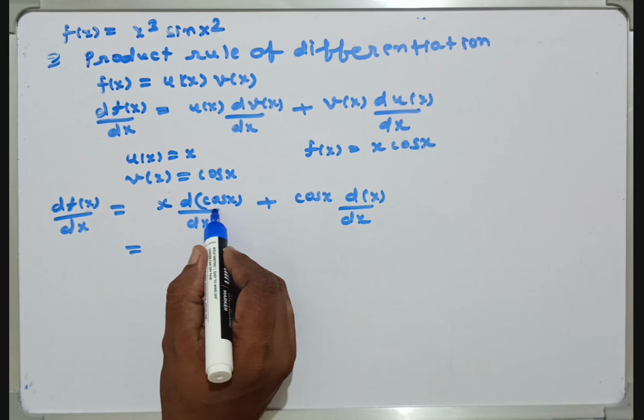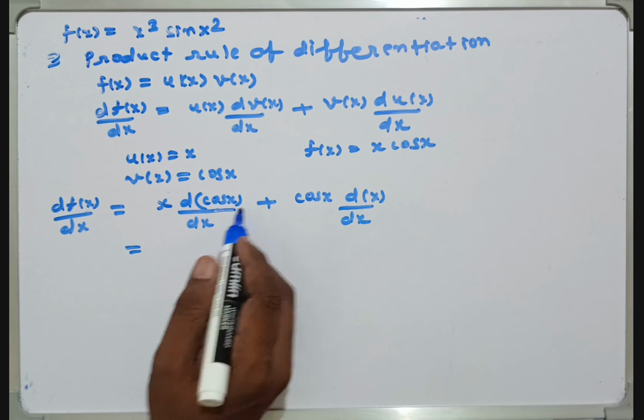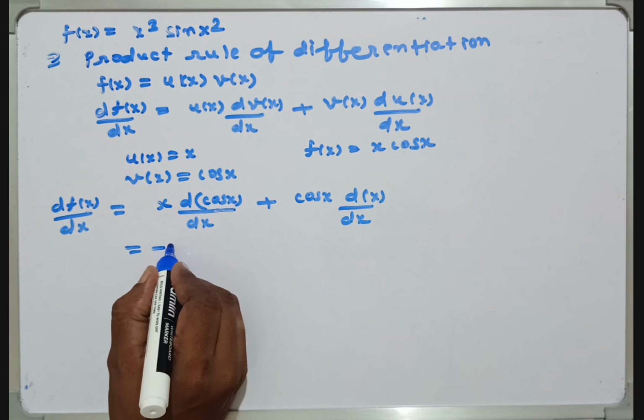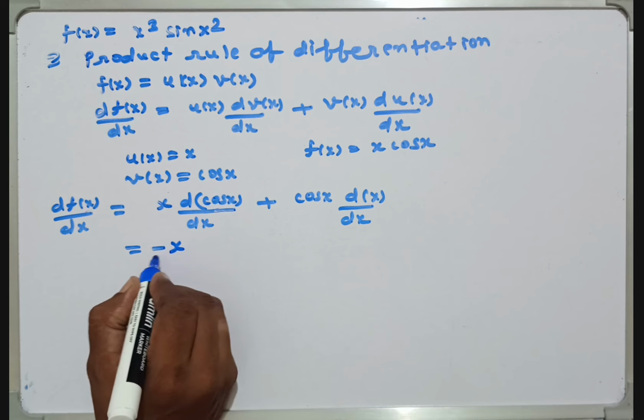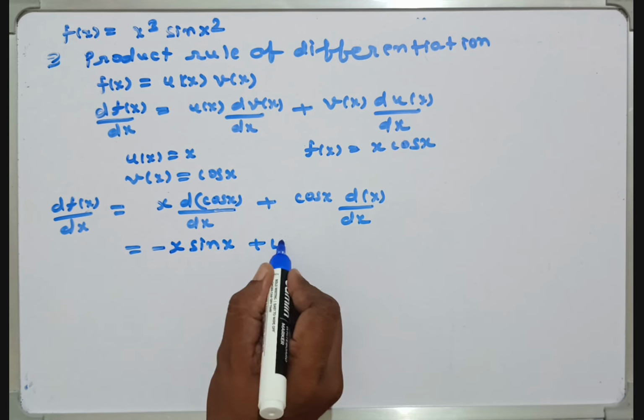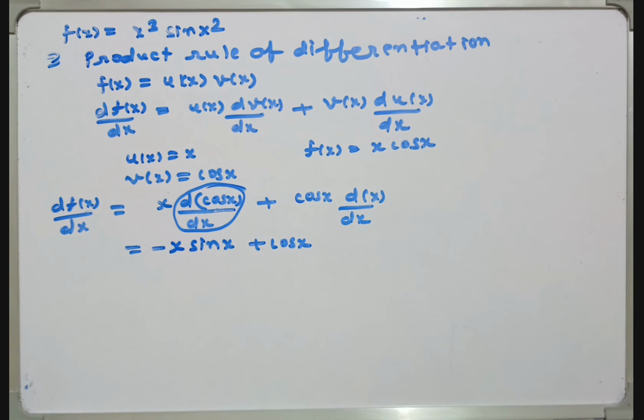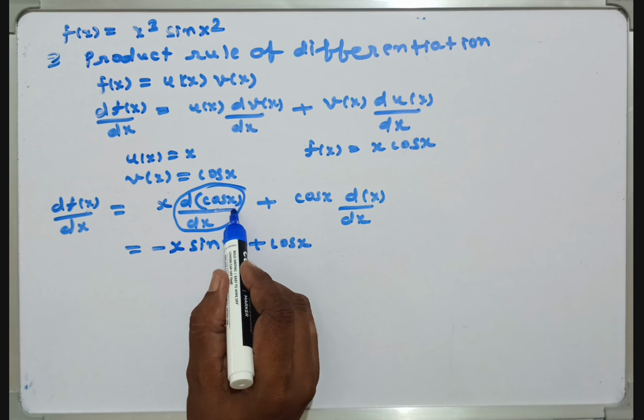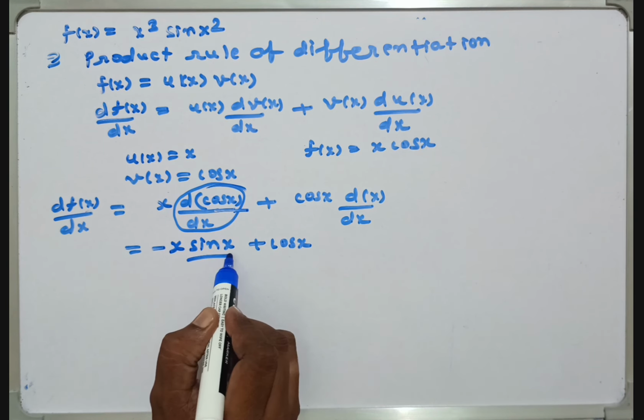The differentiation of cos x with respect to x is minus sin x. So put minus sin x, and this becomes cos x. Okay, so guys, you may ask, sir, how is the differentiation of cos x coming this way?